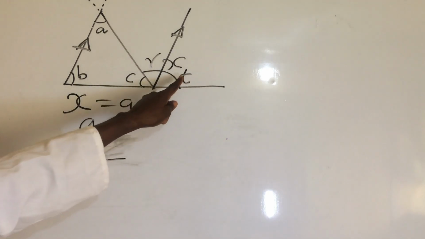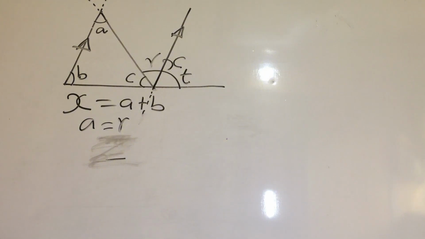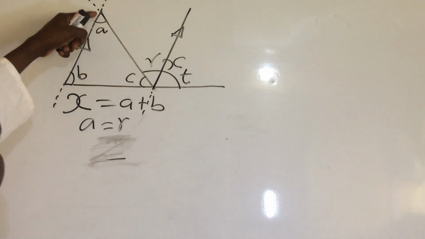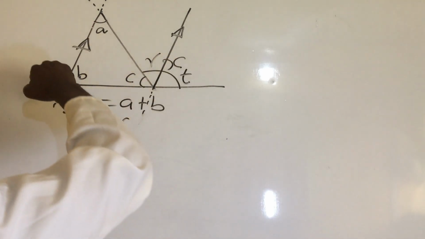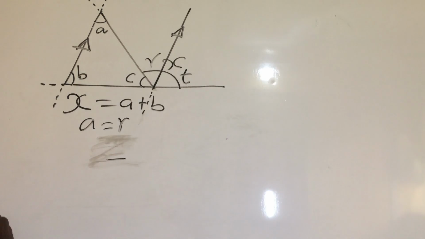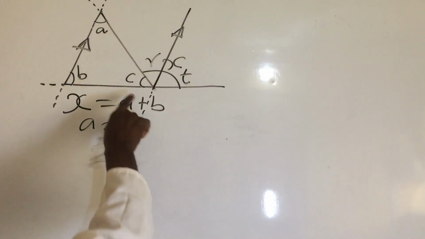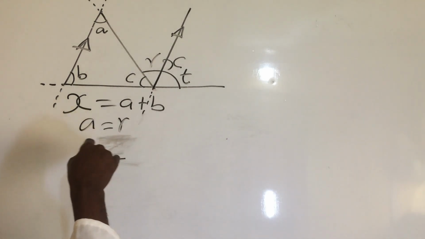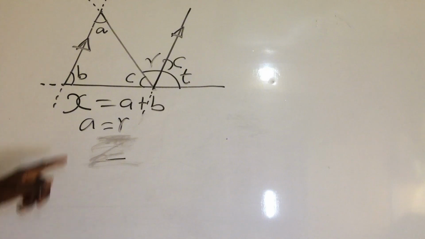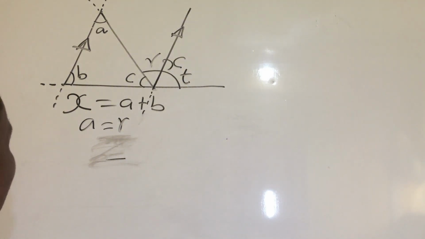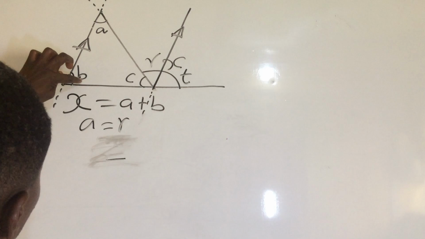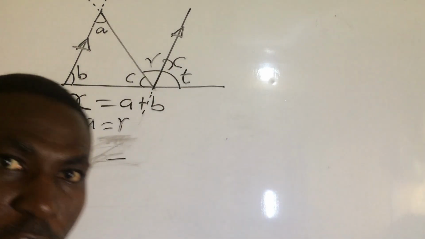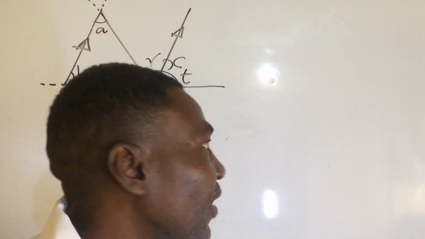Now, let us check this one. If you check it again, you can see that this is parallel to this, and this one is a transversal line that cuts these two parallel lines. So from corresponding angles, which I have treated before, this angle here is equal to this angle here. Reason: corresponding angles.